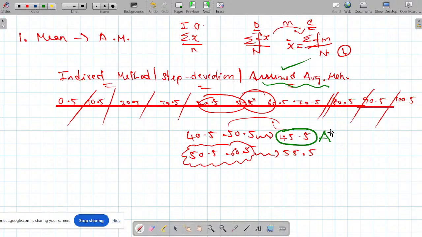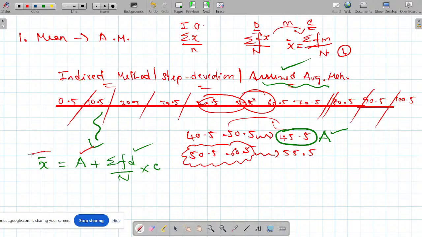So with this assumed value A, what I'm going to do here, I'm going to find x bar, which is equal to A plus summation fd by n into C. I'll explain you why I'm getting this formula a bit later, not now. Okay, let me finish off the problem. Actually, if I take A to be the assumed mean, is that going to exactly match with my correct mean value?